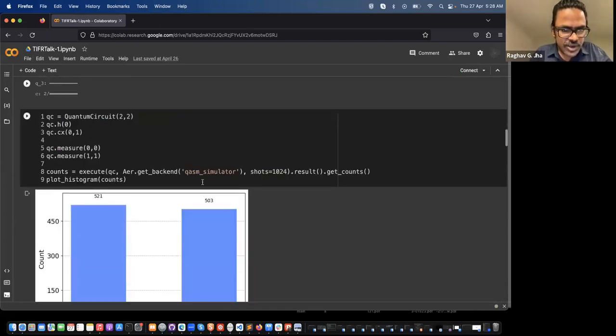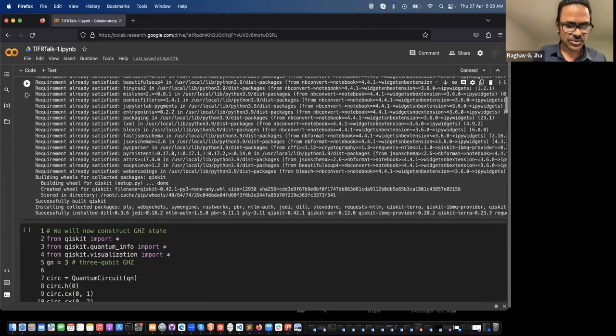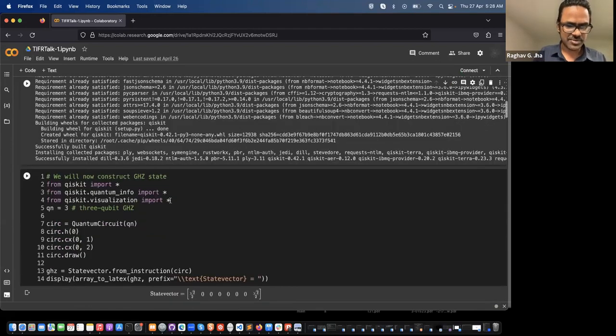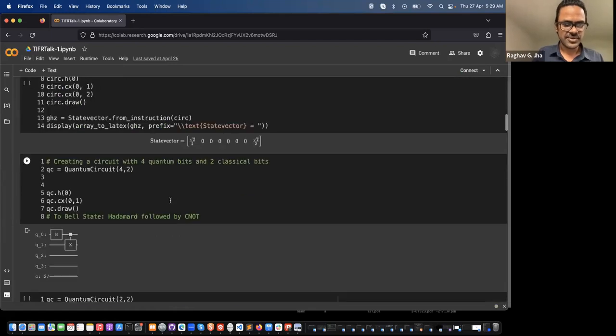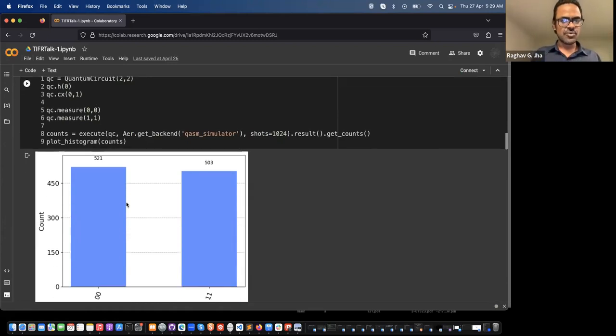Okay, I can just show you here. I just didn't install it, so I can install it like this, but the basic idea is that if you do qc.h followed by qc.cx(0,1), measure both of them, as I said, with 1024 shots, what you really get is (0,0 plus 1,1) divided by square root of 2.